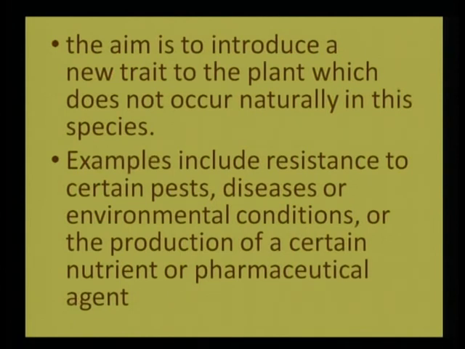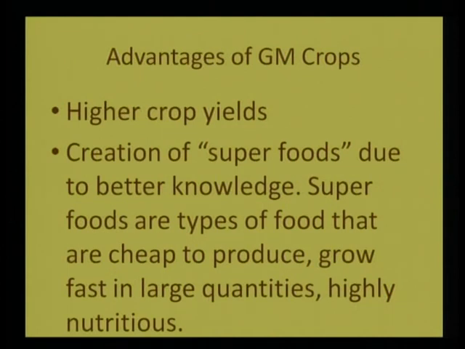Like increased resistance towards pests or disease, or to fight against some environmental conditions, or the production of important nutrients or pharmaceutical agents which are not naturally produced by the plants.